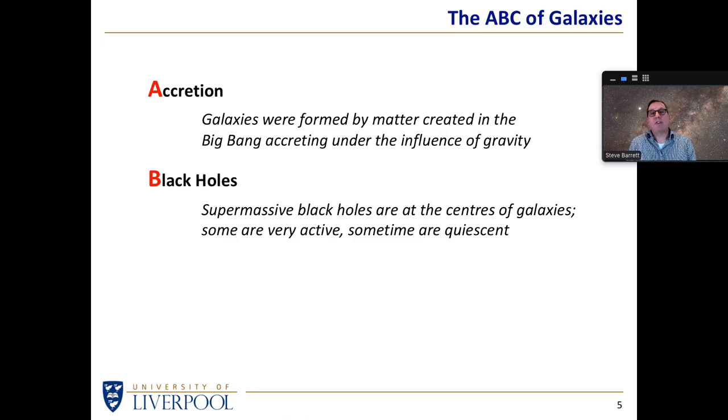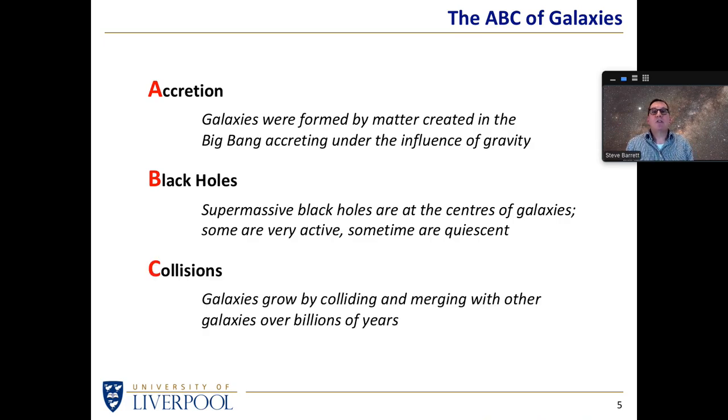In other galaxies they are a little more quiet. And finally, the C of the ABC is for collisions, because galaxies evolve, they grow through collisions between galaxies and mergers between galaxies over many billions of years, and we'll see that happening a little later.